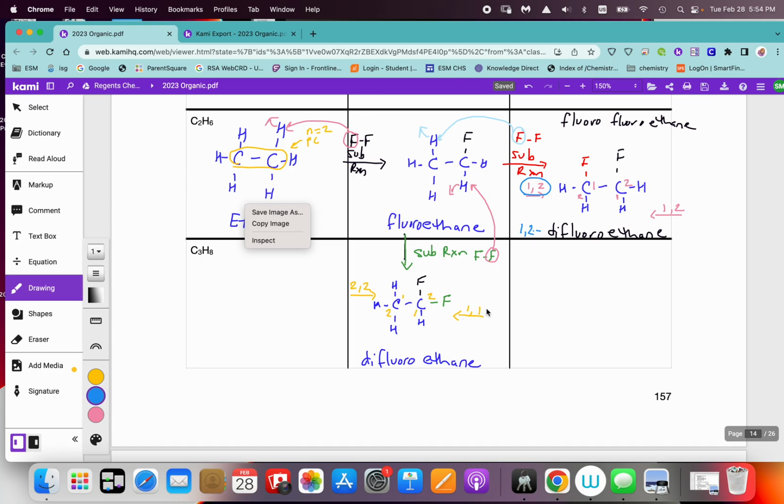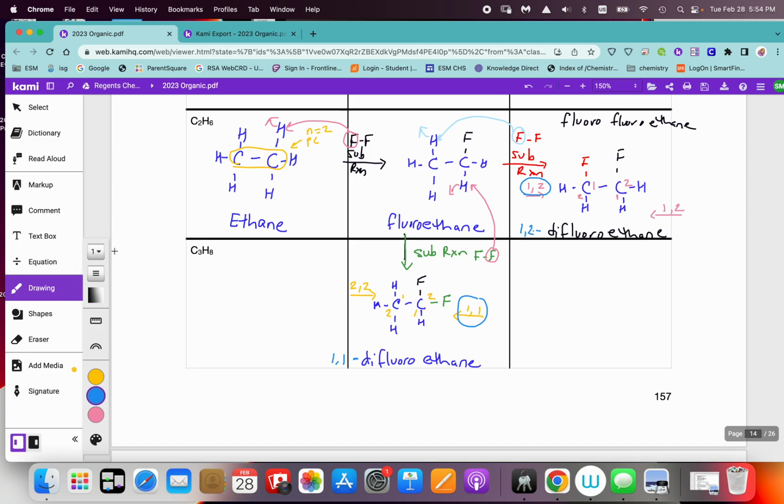So here we go. 1,1 is a lower set of designations than 2,2. Because we have 2 fluorines, we have di, we have to have 2 location numbers out there. So this would be 1,1-difluoroethane. This tells us where each of the fluorines are on that parent chain.